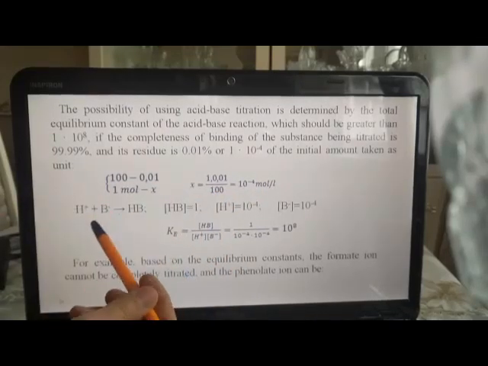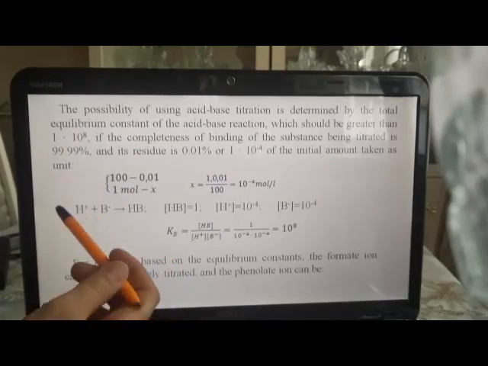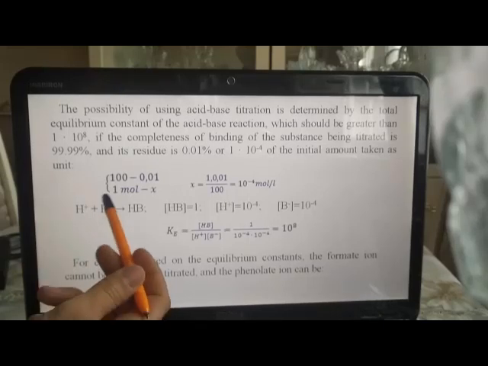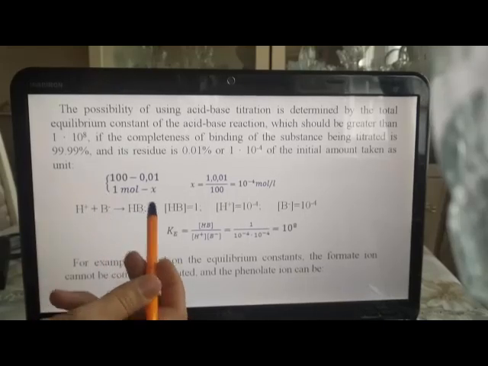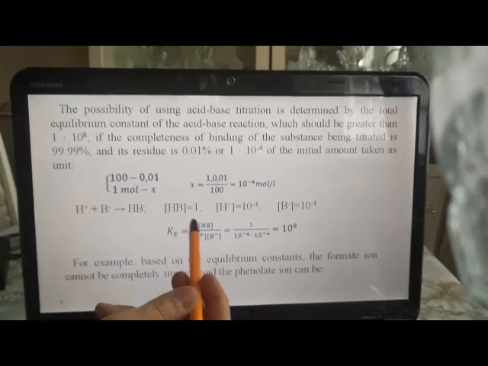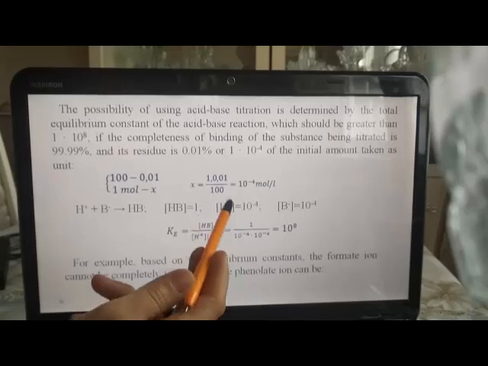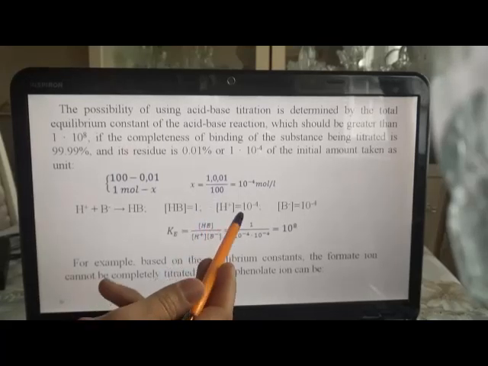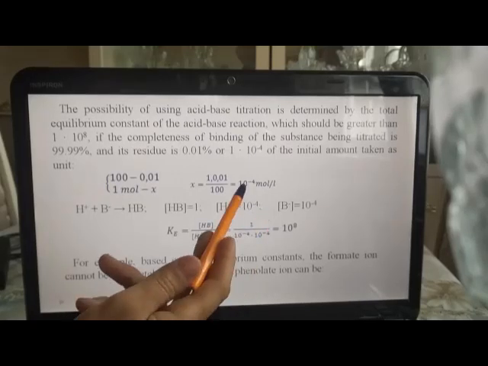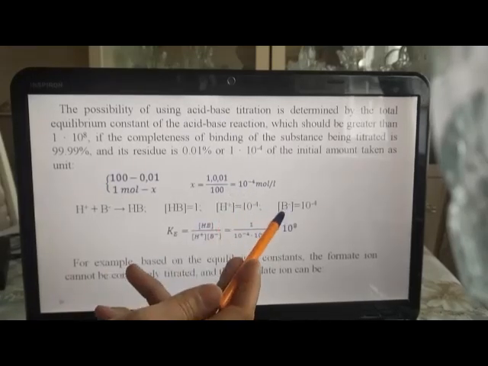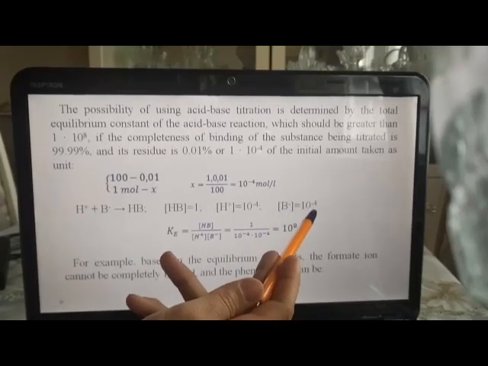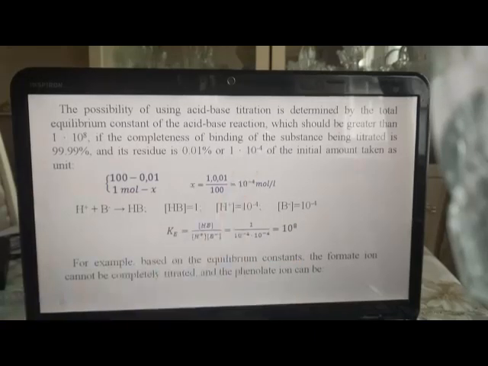And we can represent this by the equation: hydrogen proton plus B anion forms HB. It's some acid, and the concentration of this is equal to 1. The concentration of the hydrogen proton is equal to 10 to the minus 4, which we found from this proportion, and the concentration of the B anion is also equal to 10 to the minus 4 degree, the same.